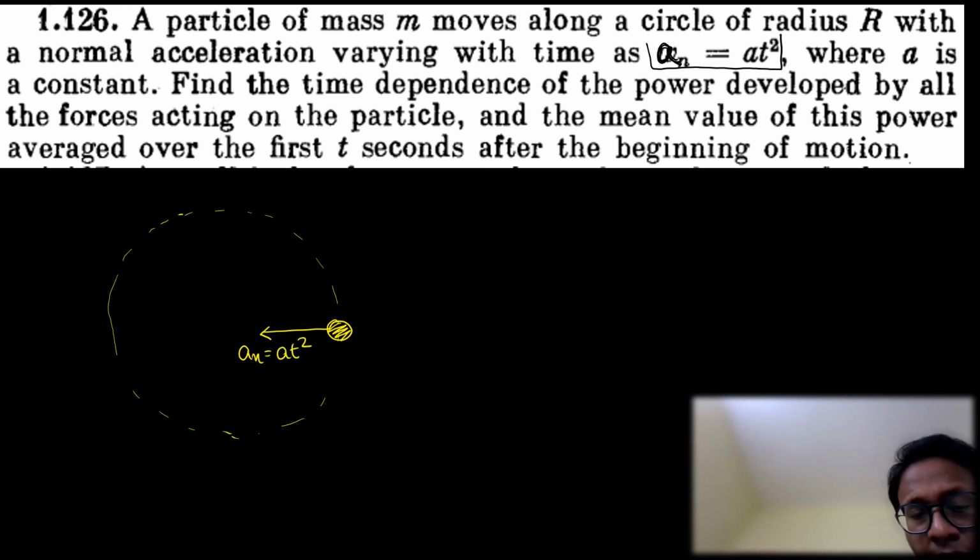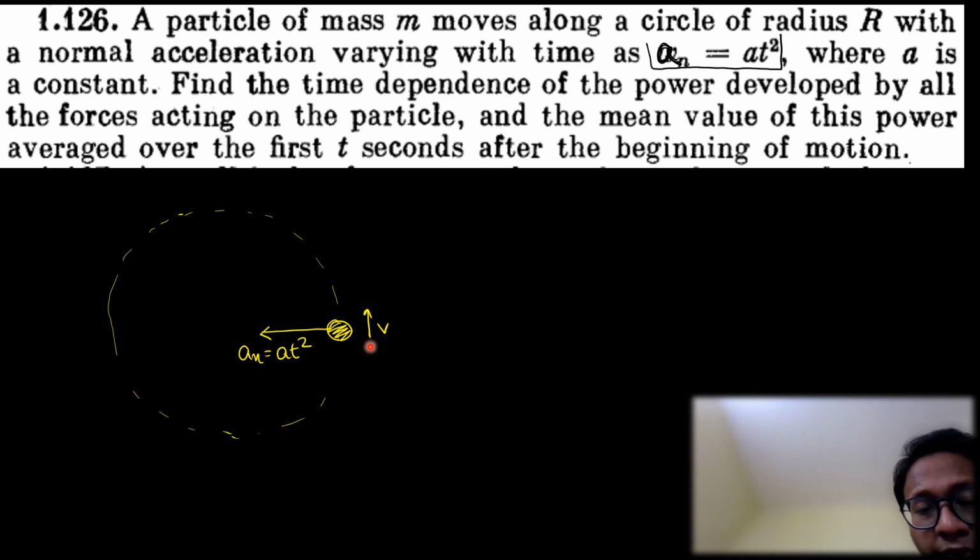Now see, suppose the particle was moving with velocity v. If you look at this normal acceleration, you notice that the centripetal acceleration is increasing with respect to time. So to keep the particle in a circular orbit, the velocity also must increase with respect to time.